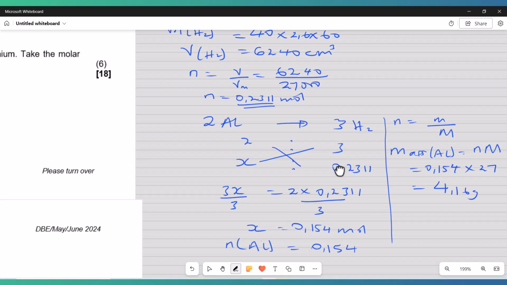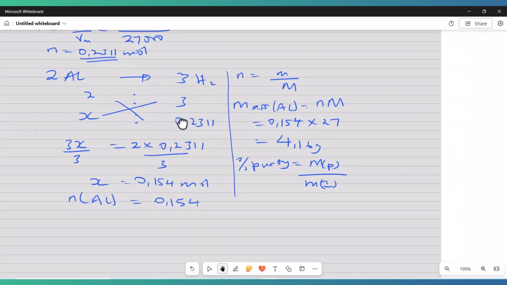So to get my percentage purity, I use mass of the pure divided by mass of the impure, then times 100.